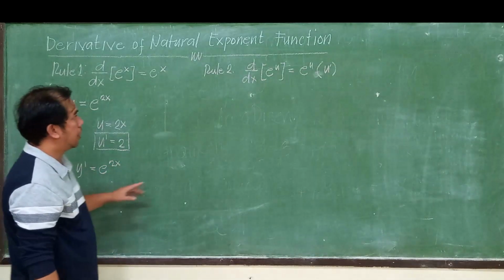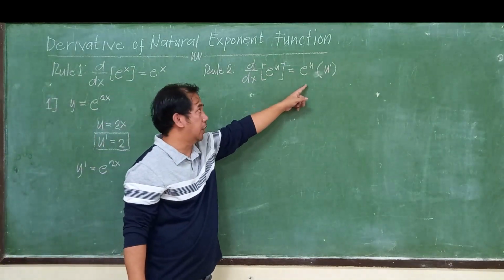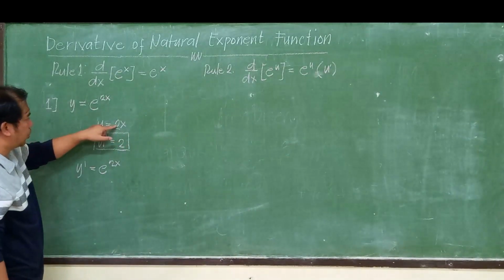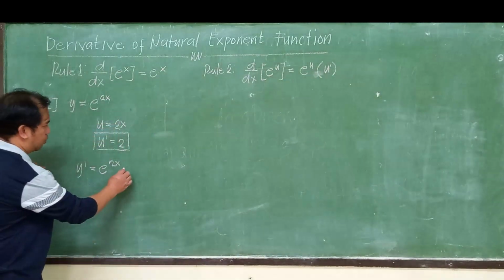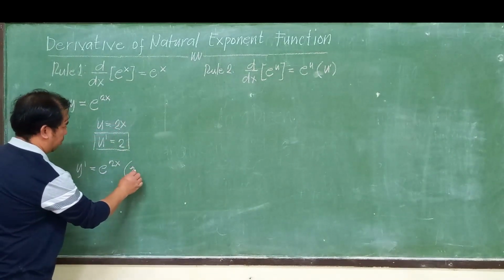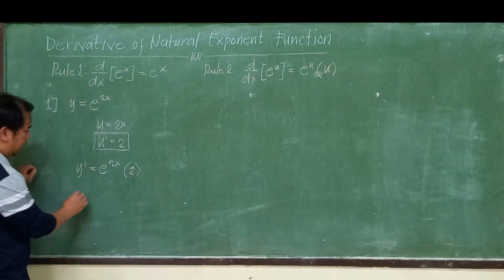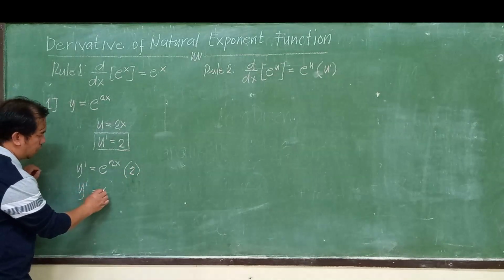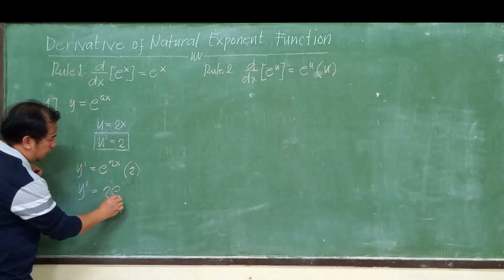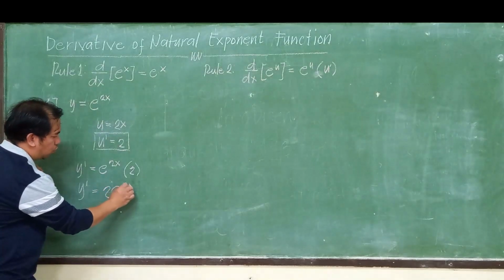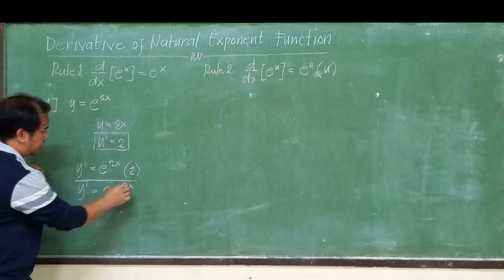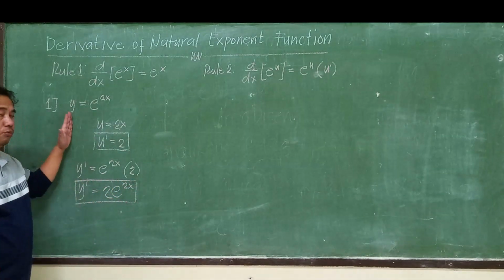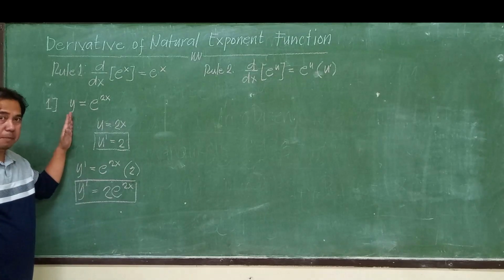And it says in rule number 2, you have to get the derivative of u, which is 2, so that is multiplied by 2. Now the final answer would be y prime is the same as 2e raised to 2x. So this is already the final answer, or the derivative of our example number 1.